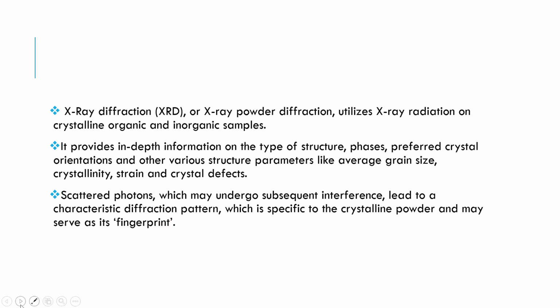If we have synthesized something and want to know whether its structure is proper, we take the X-ray diffraction of the sample and match it to the database available for that structure.